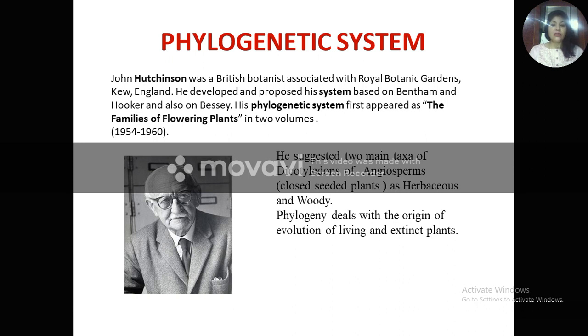So he has actually taken many characters from the natural classification also. But what he has added is the phylogenetic aspect, the ancestry of the plants, and he has published his work in The Families of Flowering Plants in 2 volumes from 1954 to 1960. He suggested 2 main taxa of dicotyledons of angiosperms as herbaceous and woody.